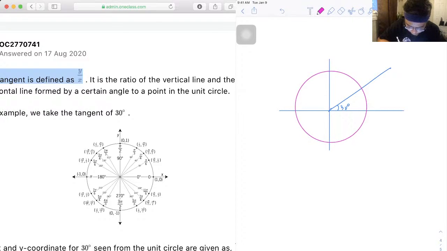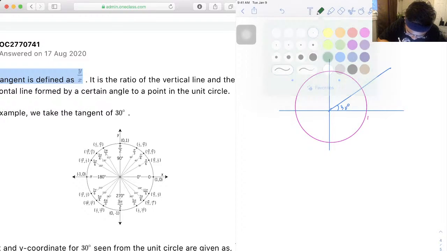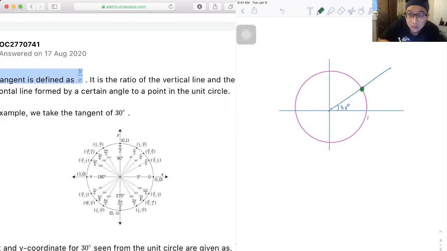Okay, so that's one. So at this point, like the green point right here, the coordinate should be √3 over 2 and 1 over 2. And I'll just write pi over 6 here as well, because pi over 6 is just 30 degrees.